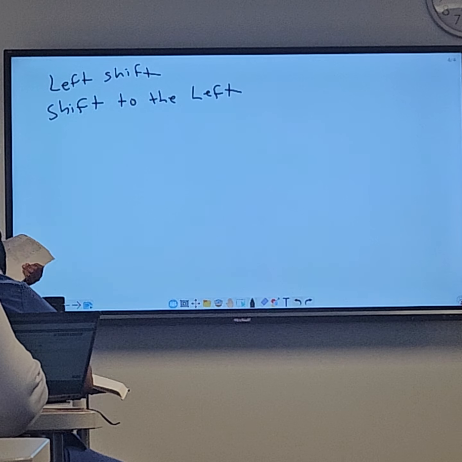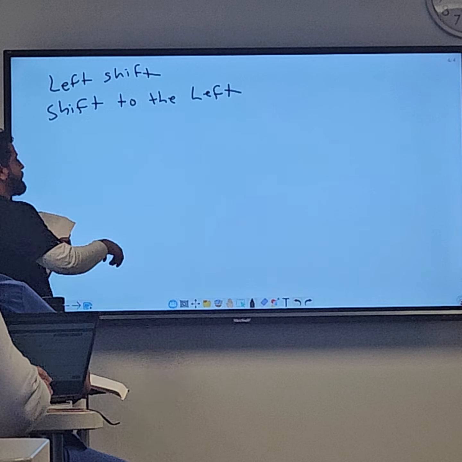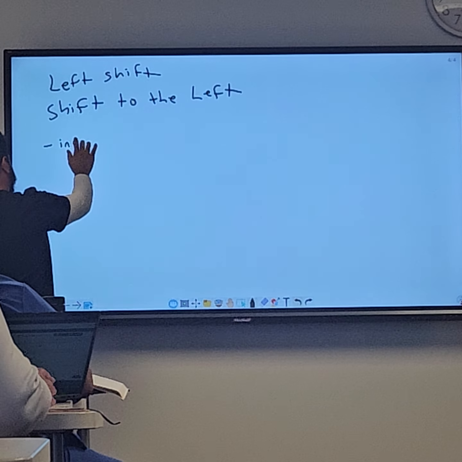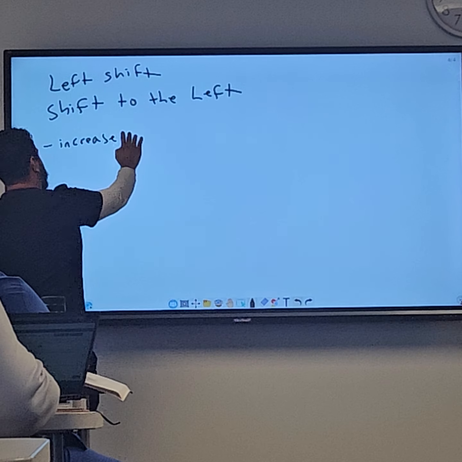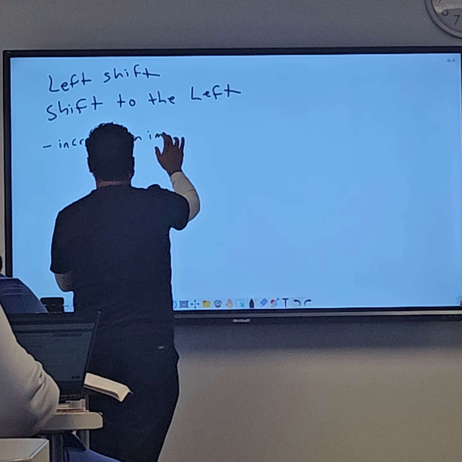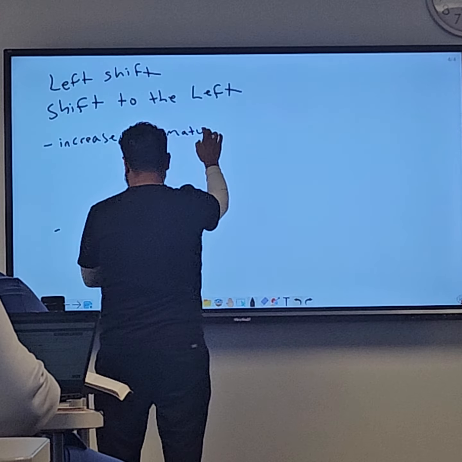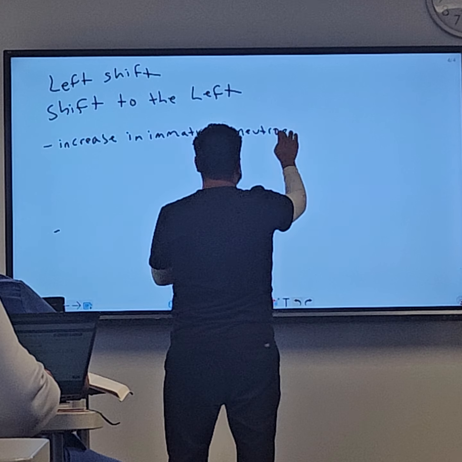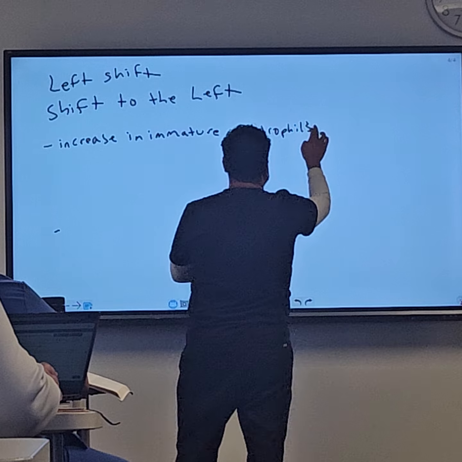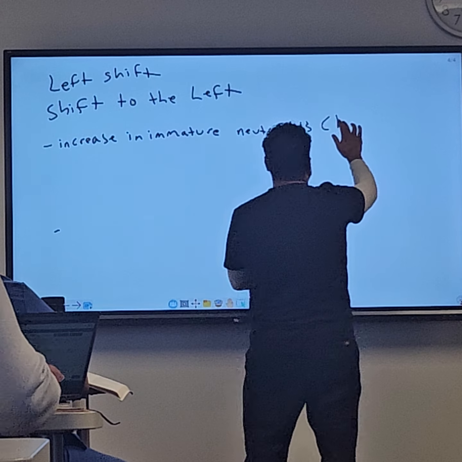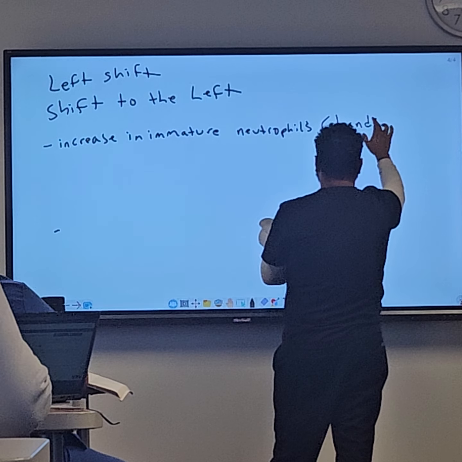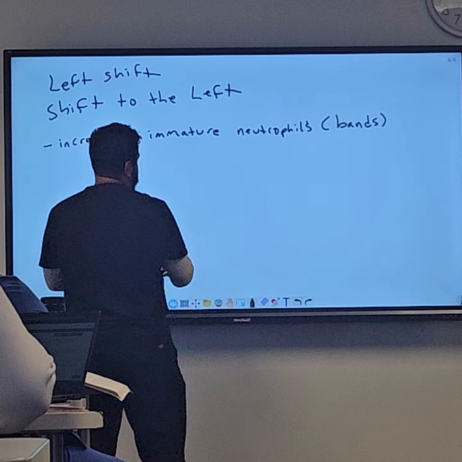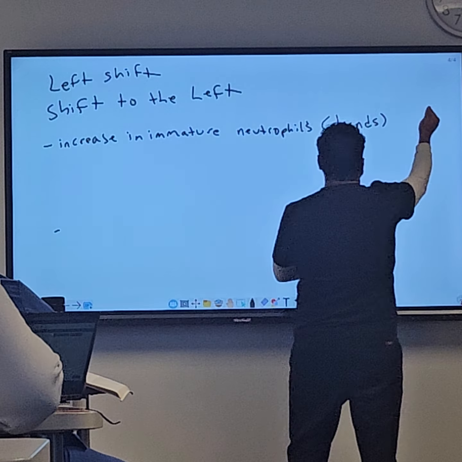Alright. Now, this term is used to describe an increase in immature neutrophils, which are referred to as bands or stabs.